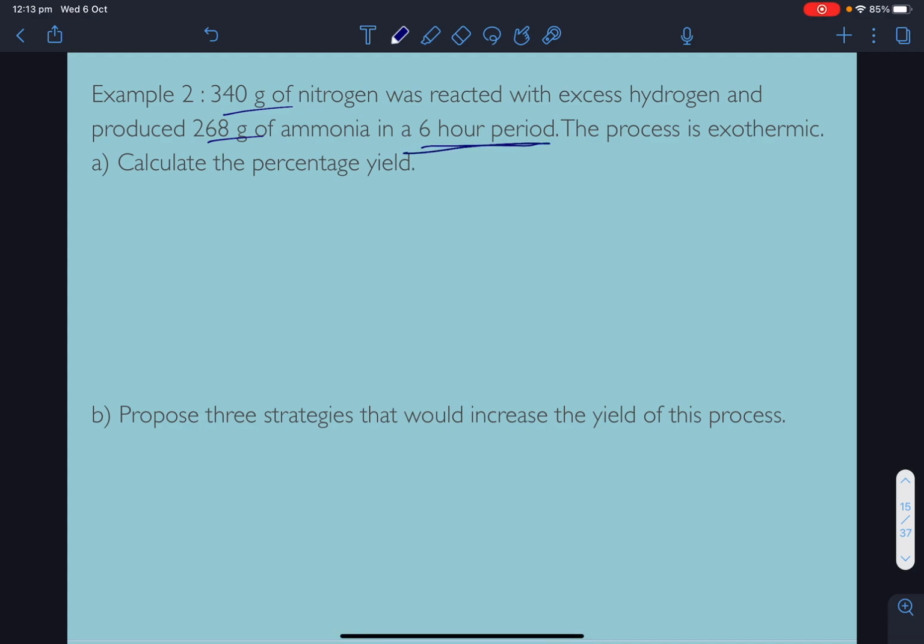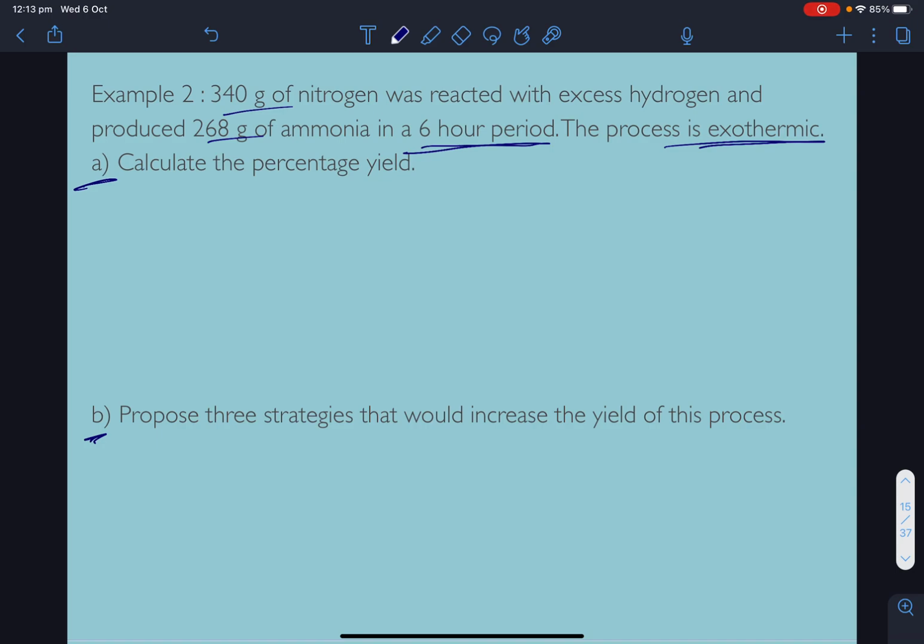So I'm hoping you recognize that, hey, shorter amount of time, maybe the reaction will take longer than this. So if I introduce a catalyst, it'll make it go quicker. I've also introduced some information about whether it's exothermic or endothermic. So part A, we're calculating the yield, and part B, we're proposing 3 strategies that would increase the yield, okay?